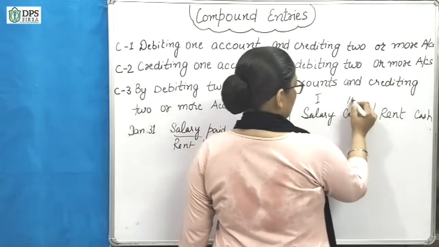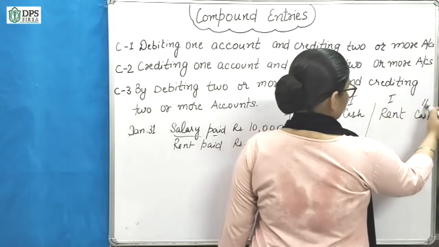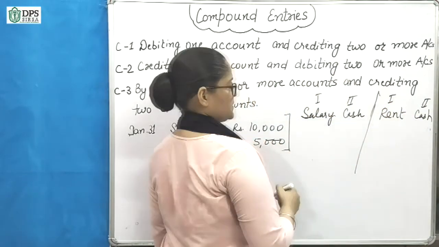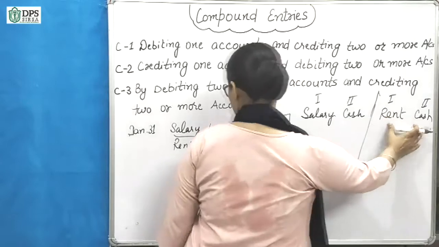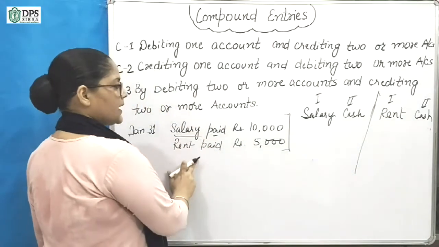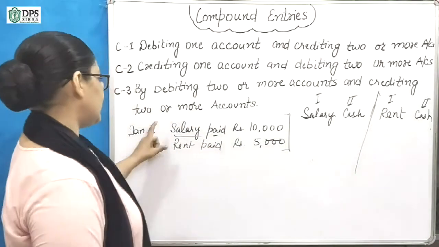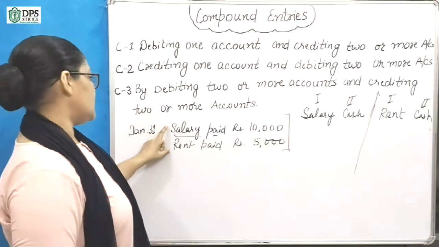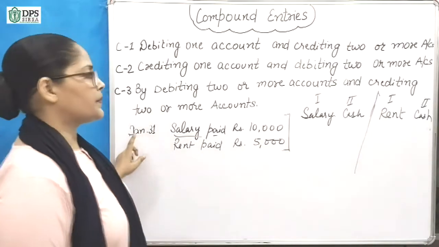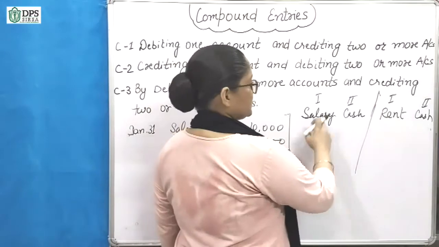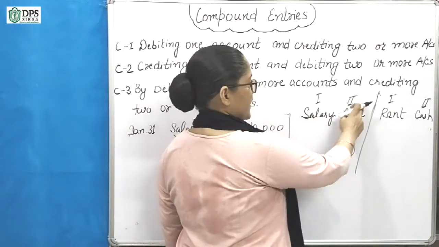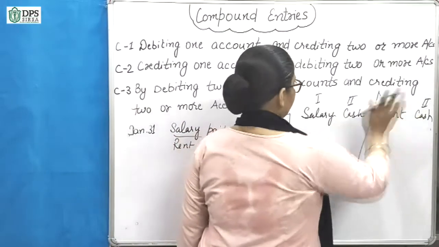These are the two accounts that are effective in both the cases. This is the first transaction and this is the second transaction. And these two transactions are happening on the same day. So salary first, then cash, then rent and then cash.